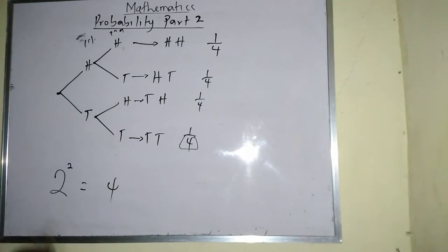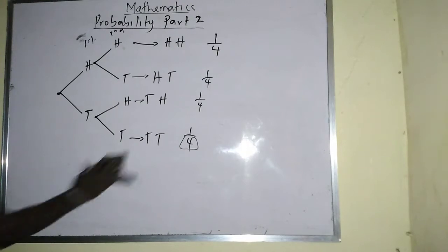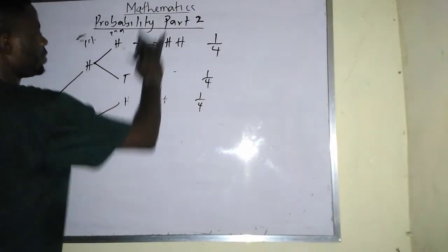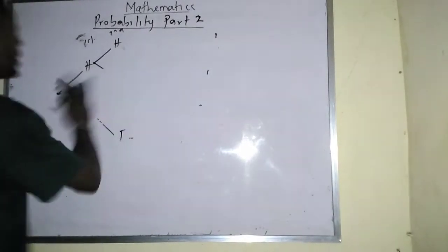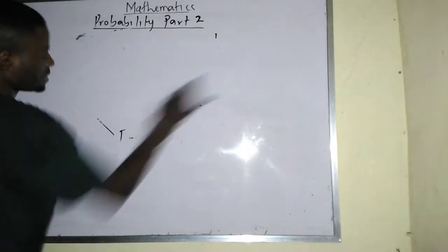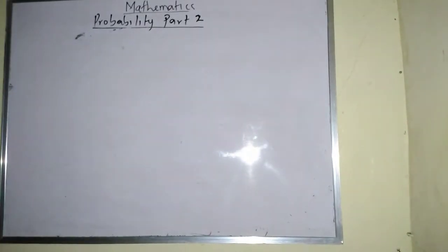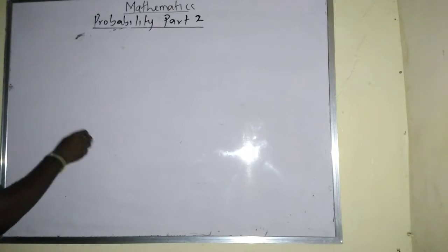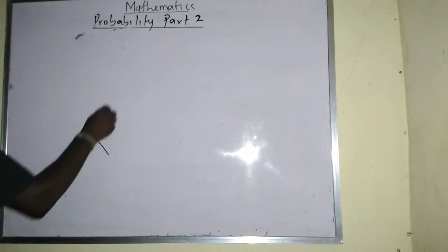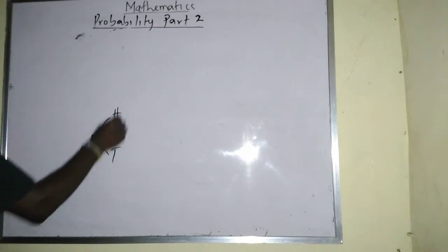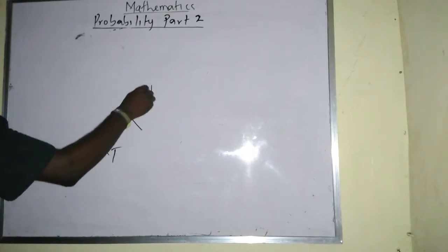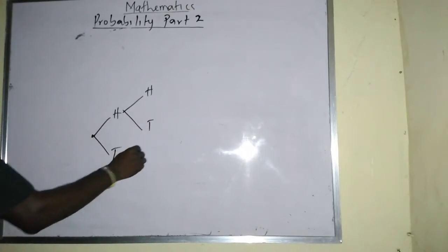Now, if there is something more than that, for instance, let me quickly throw more light on that. It can be more than that. I think I have head, tail, head, tail.